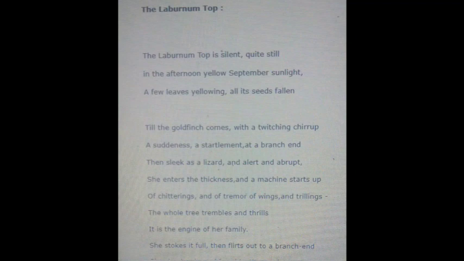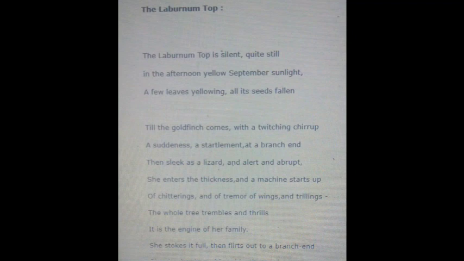So the whole tree trembles and thrills. Here, the poet describes the relation between the goldfinch and the tree. They both are living, and they both are happy in the company of the other. So the whole tree trembles and thrills. Tree trembles is alliteration here.